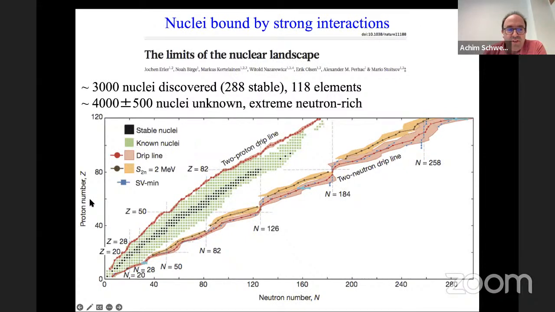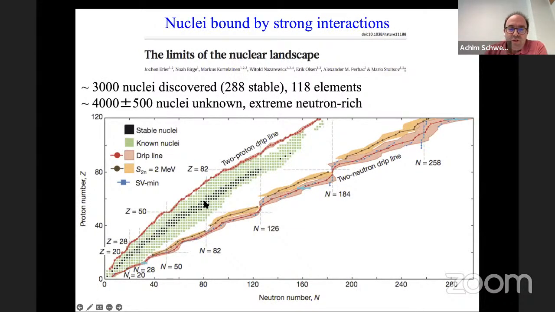Every nucleus is a dot here for a given proton number Z and a neutron number N. So helium-4 would be down here. And it reaches all the way up to very heavy nuclei. And today we know about 3,000 nuclei that have been discovered of in total 118 elements. About 10% of the nuclei discovered are stable, so roughly 300 stable nuclei.